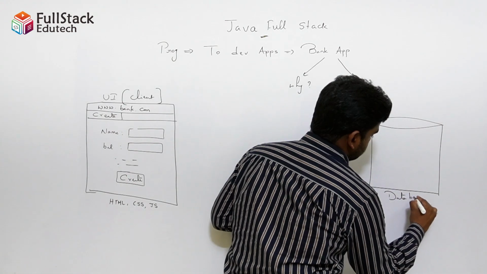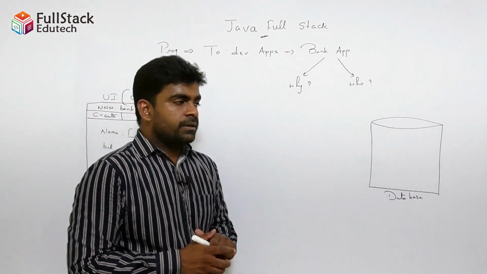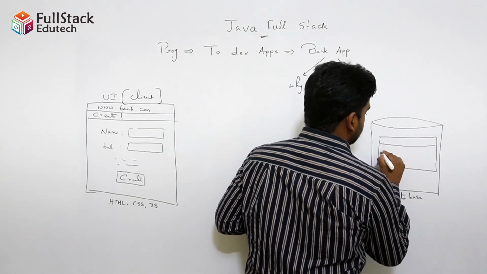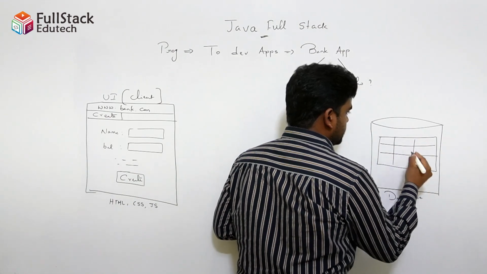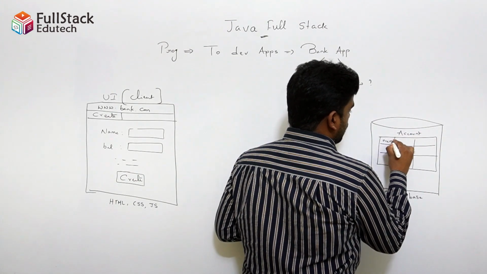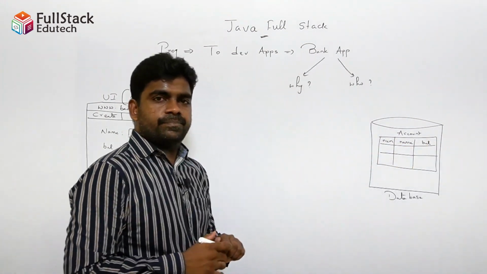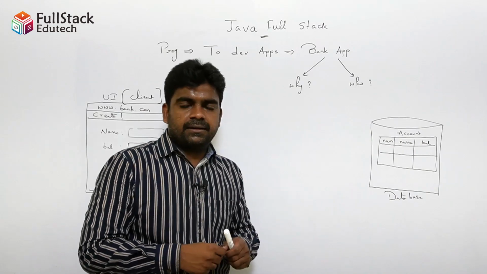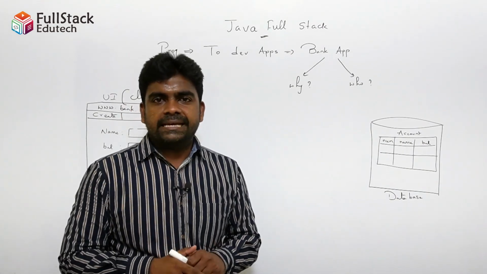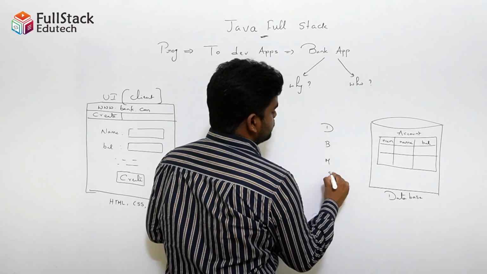Using the database, we can store the information in the form of tables. Consider an account table with account number, account holder name and balance. Sir, how do we insert, delete and retrieve the data? For that, an application is required, called a database management system.